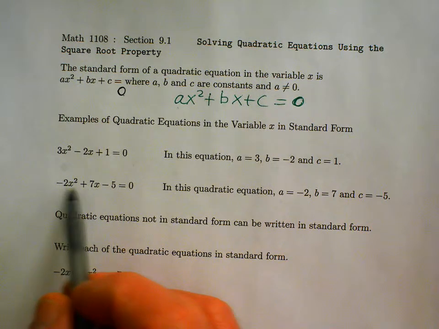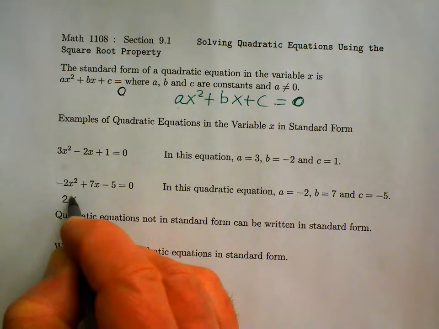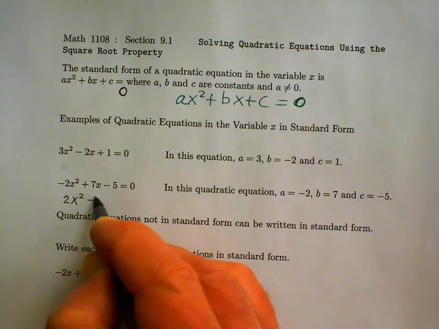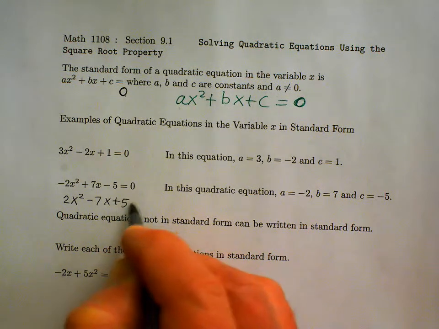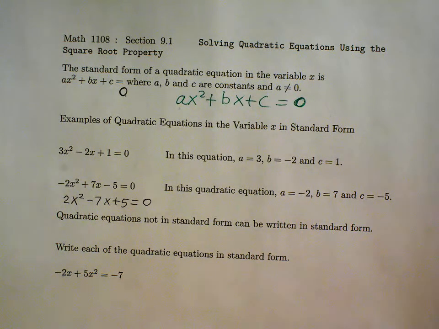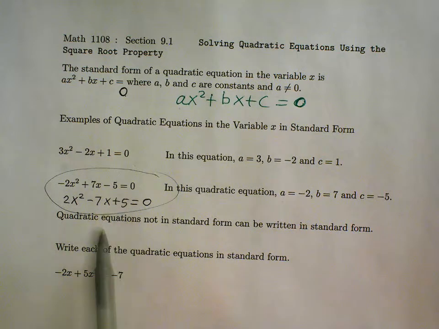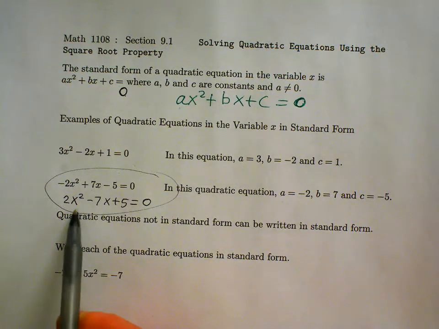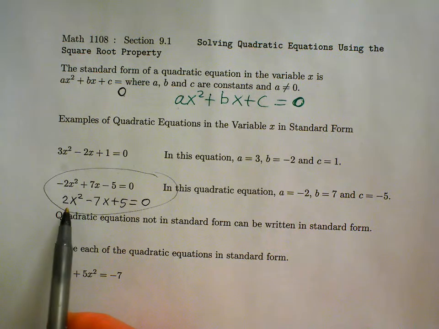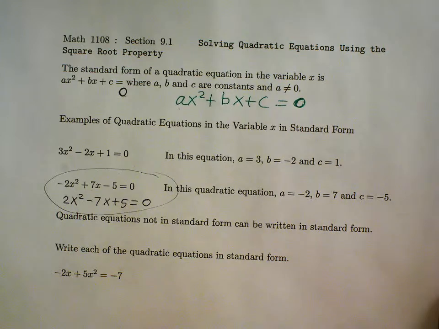So if you multiply every term on both sides by negative 1, you get the standard equation 2x squared minus 7x plus 5 equals 0, and 0 times negative 1 is still 0. So those two equations, even though they differ by a negative, they have the exact same solutions. So keep that in mind.